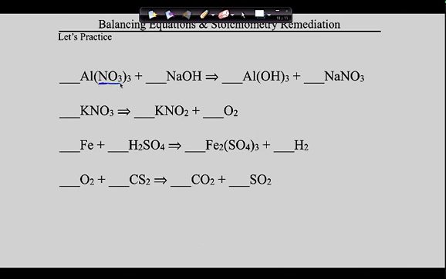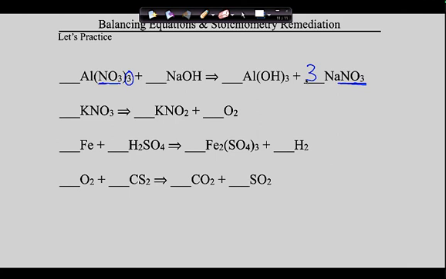And because nitrogen is tied up in NO3, when we look on the right, we see that there are also NO3s on the right side, meaning that we don't have to balance the nitrogens, we can balance the NO3s. So looking on the left side, we see that there are 3 NO3s. Looking on the right side, we see that there's 1 NO3, which means we need a 3 in front of the NaNO3, and that gives us 3 NO3s.